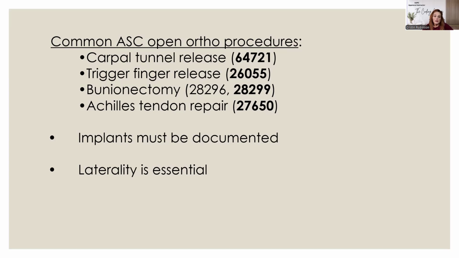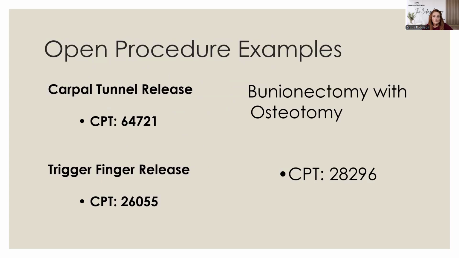Implants must be documented, and remember, laterality is essential. Open procedures often seem simple but require careful attention to documentation, especially for bunion procedures. Open procedure examples: carpal tunnel release, CPT code 64721.